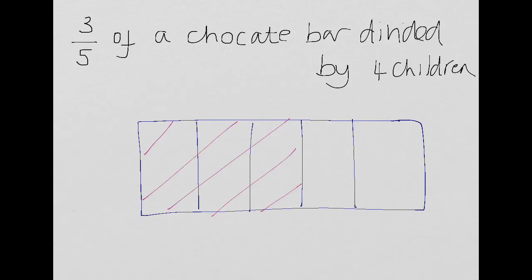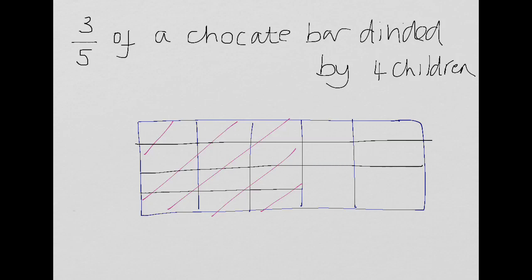So now what we want to do is share this 3/5 between 4 children. So we're going to cut it up, and the easiest way to cut it up is to cut it up in the opposite direction, as we did multiplying fractions. So we're cutting up the other way.